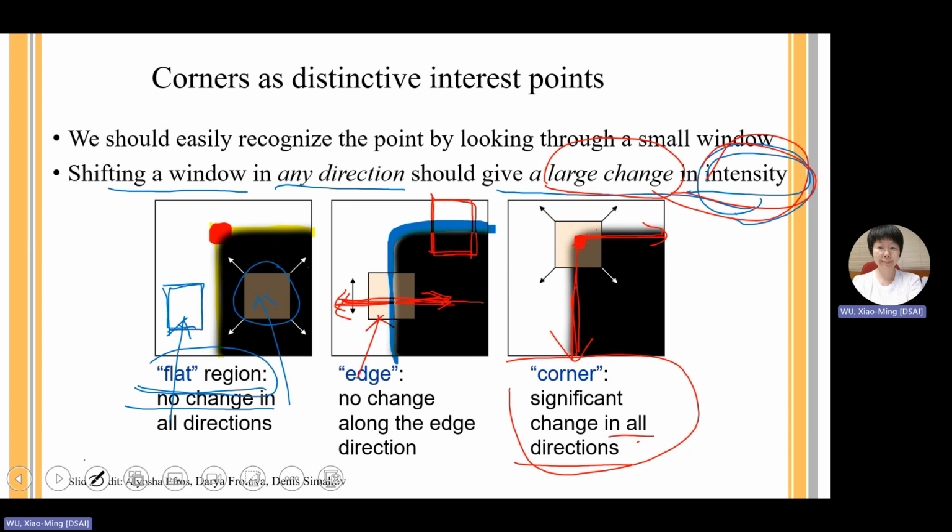But if the center of your window is only at an edge pixel, because edges are one dimension, then there won't be any change if you move the window along the edge direction.